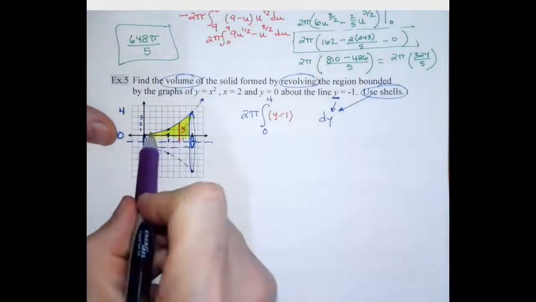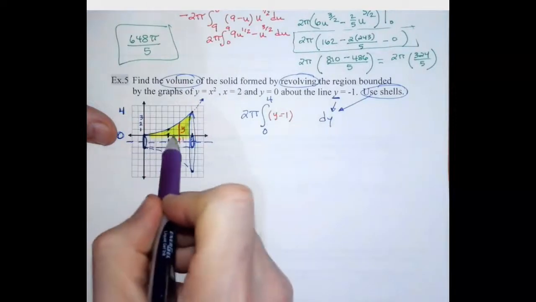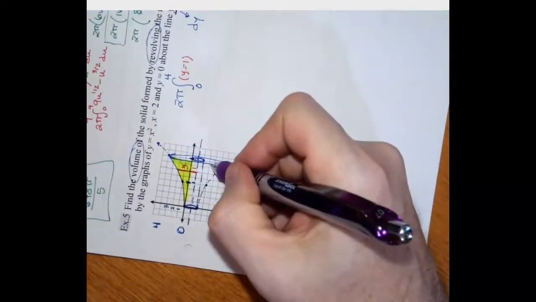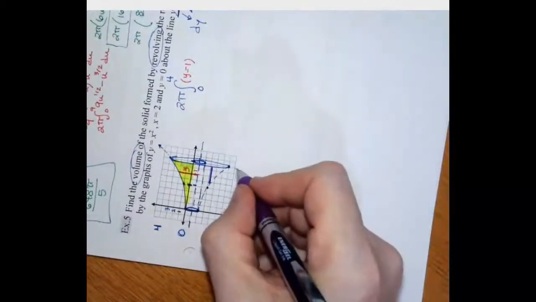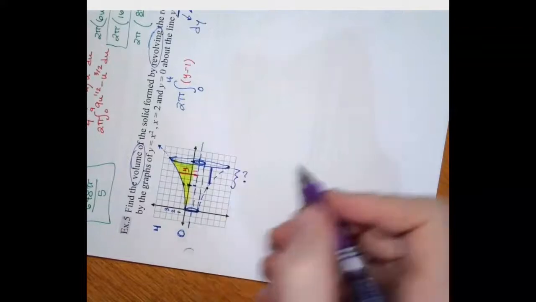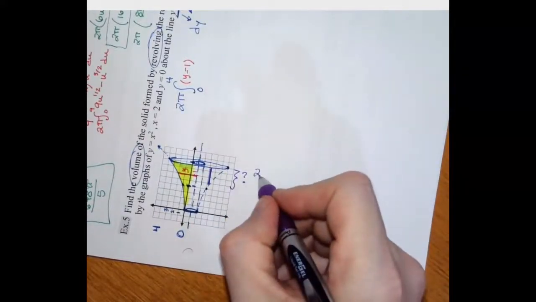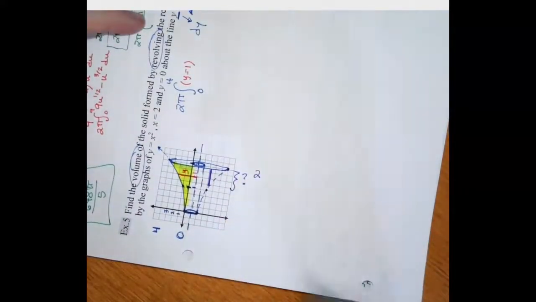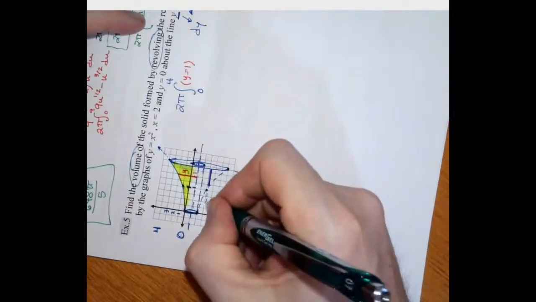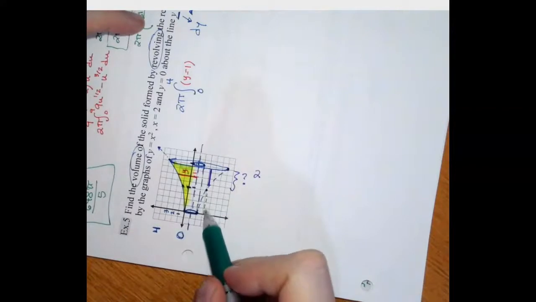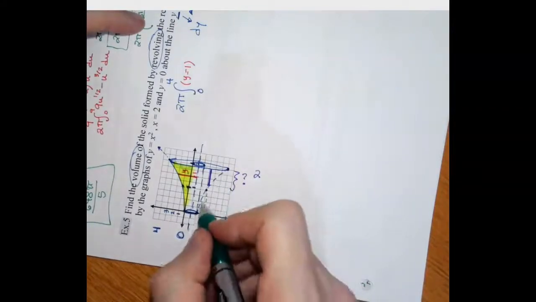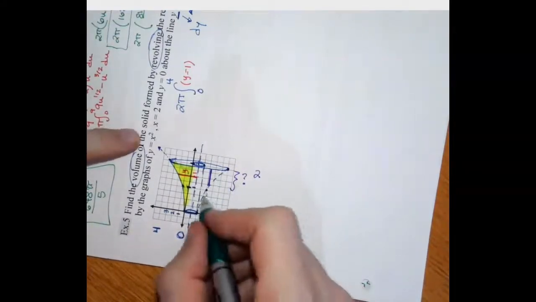And then the other part is this height right here. That's a little bit tricky too. So now we're asking how tall is this part right here? Well, this is 2. And if we take 2 and then minus this, what is this? This is the square root of y, if we solve that for x.